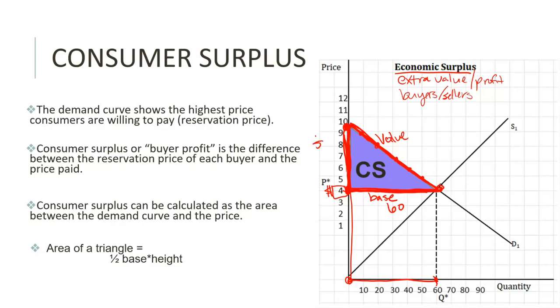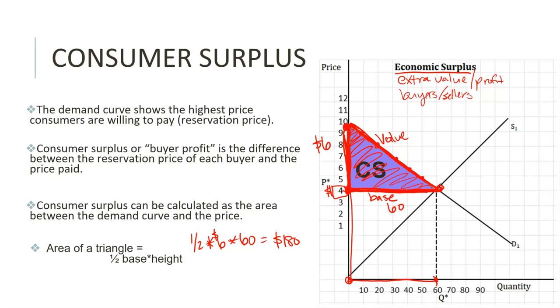So we'd say our height is $6. And then we would just plug that in. So we'd say 1/2 times $6 times 60. And we're going to get that our consumer surplus is $180. So it's going to be a dollar value. It represents money that our consumers would have paid, but that they did not have to.